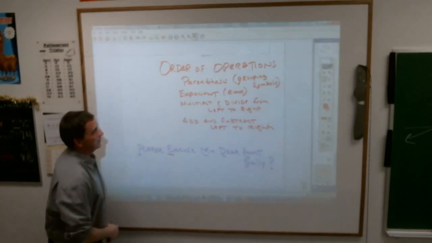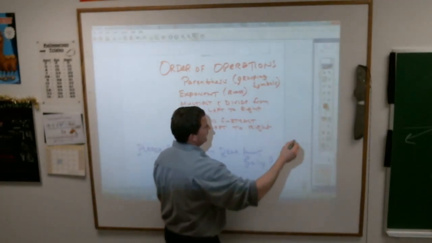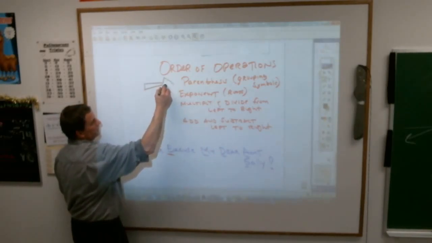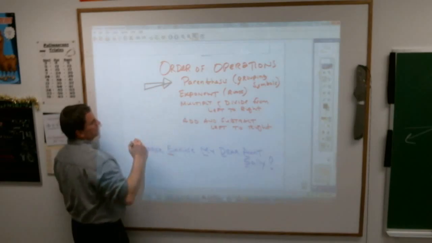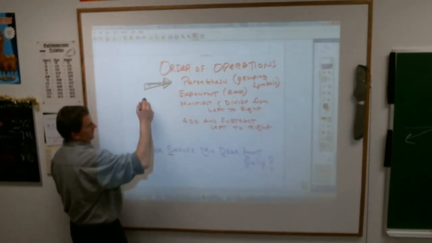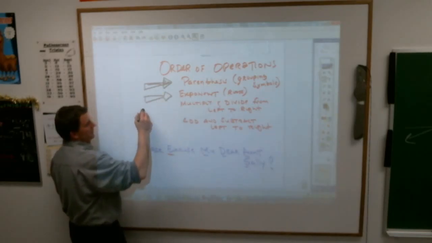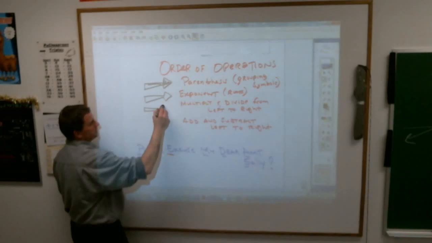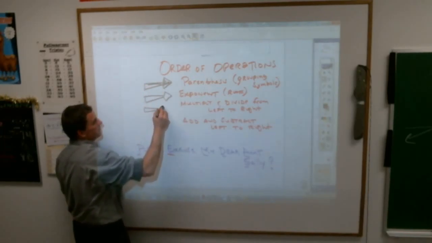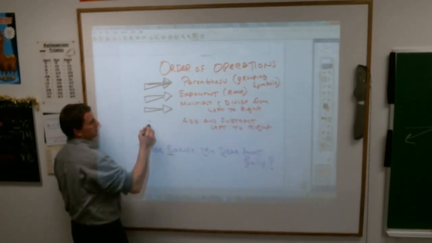Okay, those are the different levels of order of operations. First thing you always want to do is see if you can do some parentheses, and after parentheses, if there happen to be some exponents. And then you always do multiplication before you do addition and subtraction.